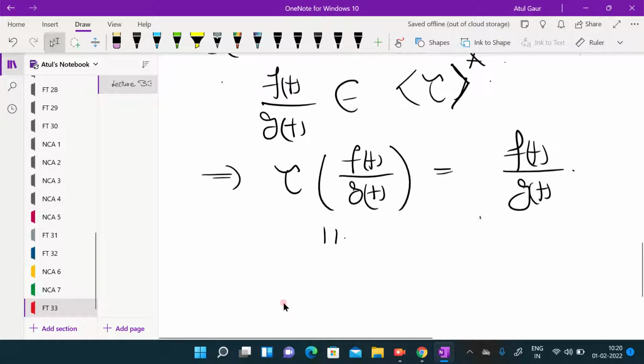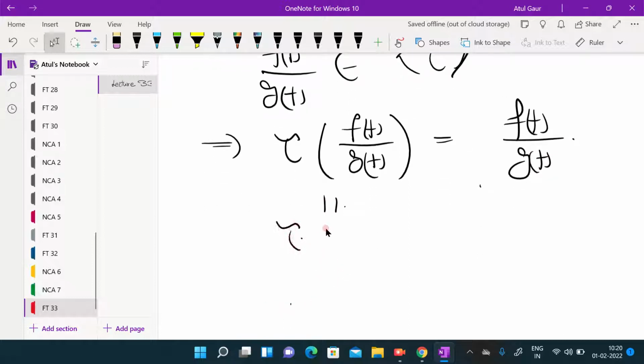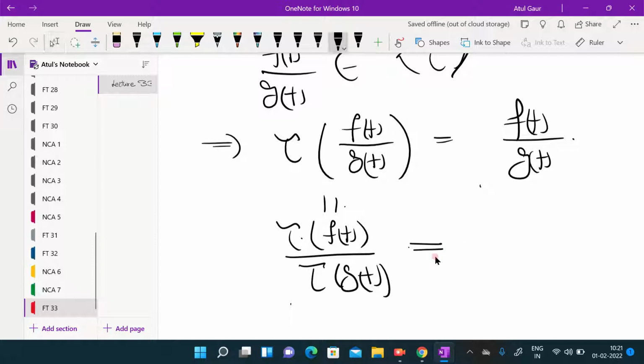This left hand side is the same as tau f(t) mod tau g(t). And what is tau f(t)? Because the coefficients of f coming from K, elements of K are getting fixed by tau, tau doesn't do anything with the coefficients of f and g. So tau simply sends t to 1 minus t.